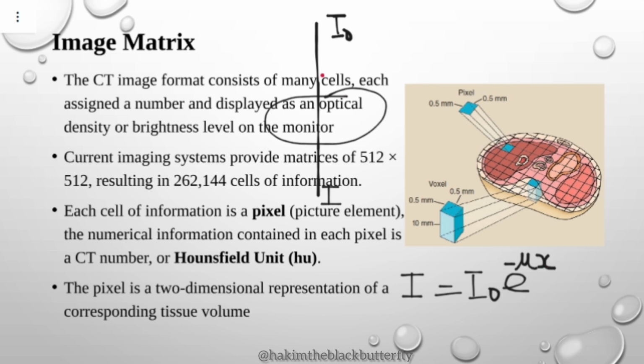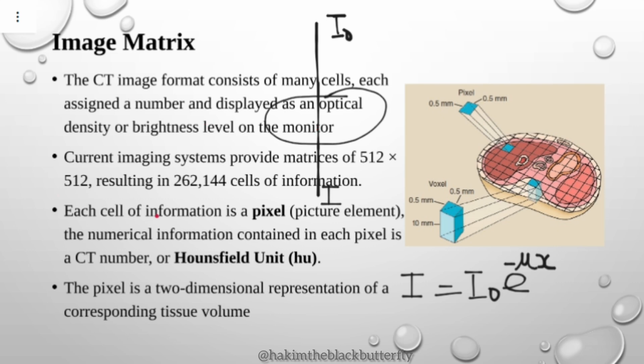But when this beam is going through the patient, it is going to go through different structures. The structures in the body are not similar; they differ in the way they attenuate.